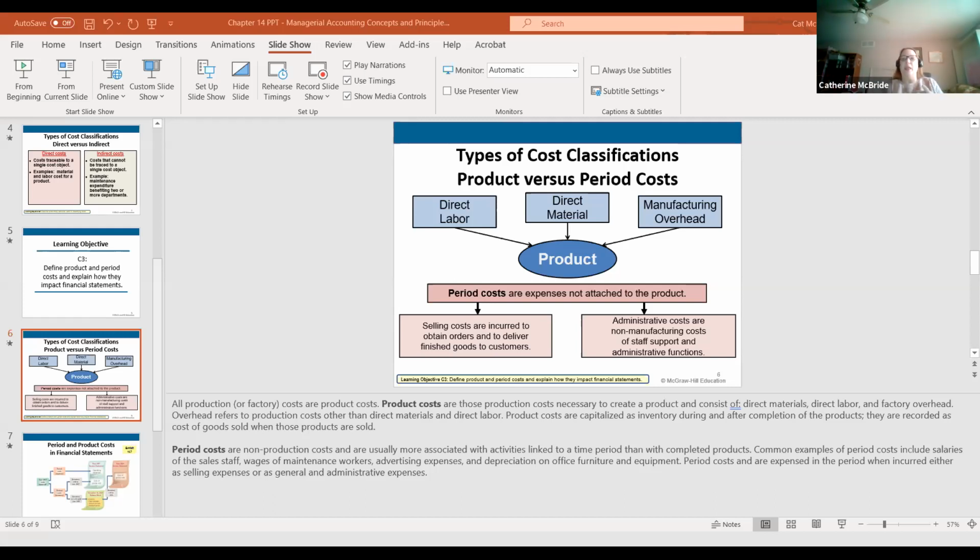It has to be important enough to be able to quantify it. So I'm thinking it's a direct cost. We're going to check that. It absolutely is a variable cost. The taxes on the factory, those are indirect because they're not directly related to manufacturing that soccer ball. And the depreciation on the machinery is also indirect.